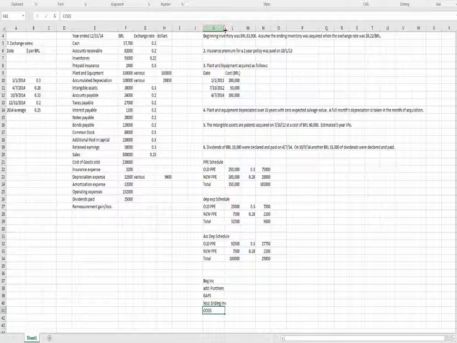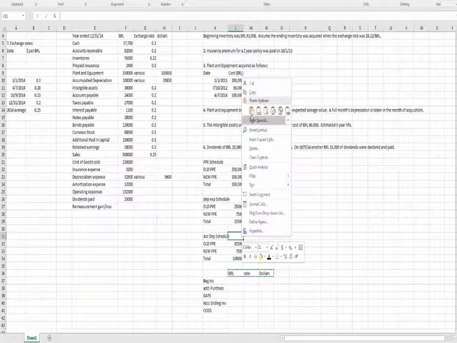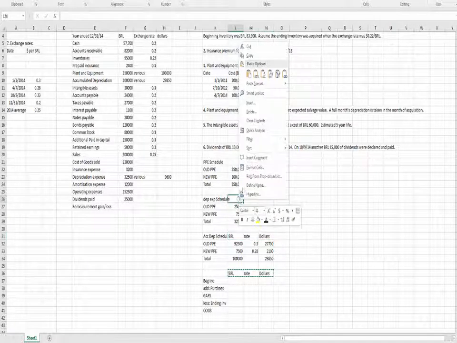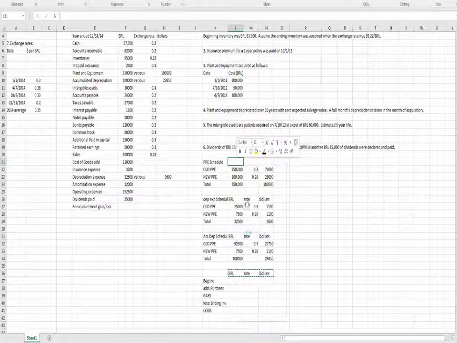Okay, so what do we know? And again, we're going to need this both in Brazilian reals and dollars. Okay, I guess I should have written the same thing above all these other schedules. There we go.